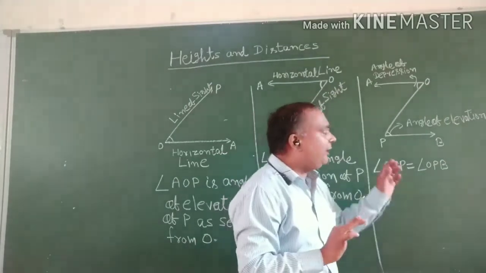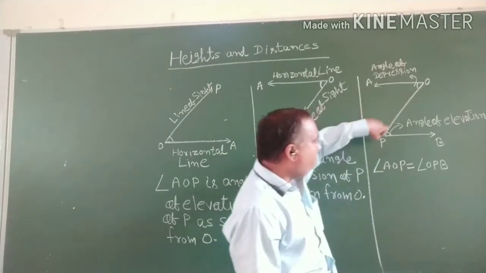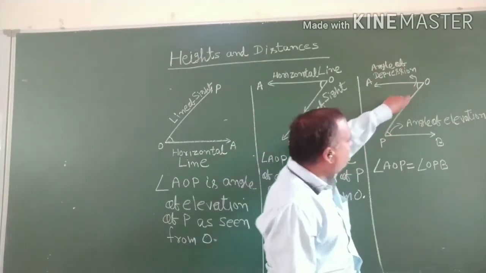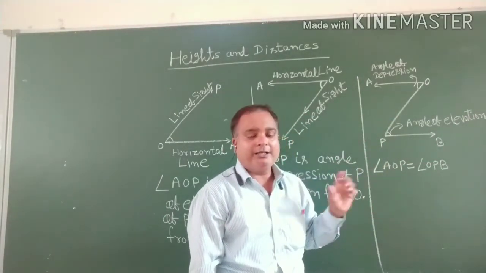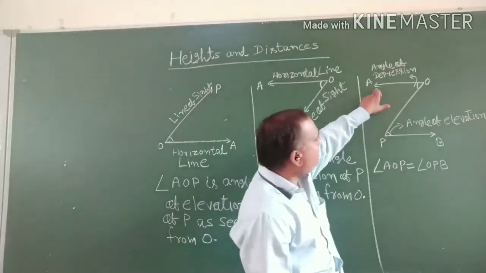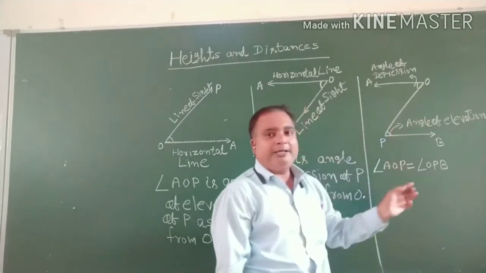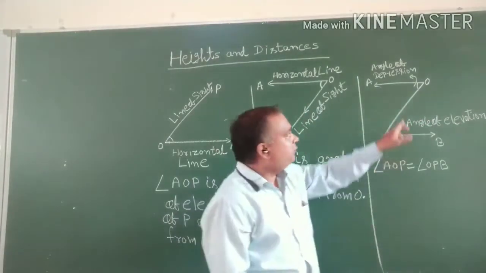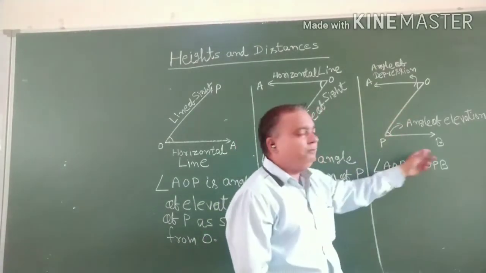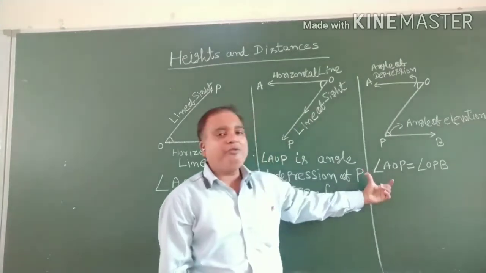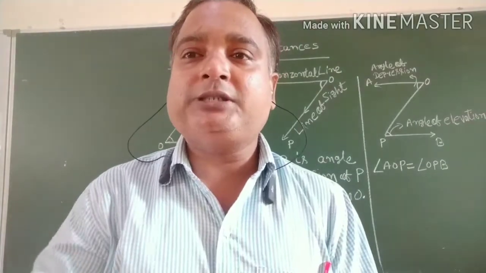So by the concept of alternate interior angles, we can write angle AOP is equal to angle OPB. Or simply we can say the angle of elevation is equal to the angle of depression. Now we solve some questions.